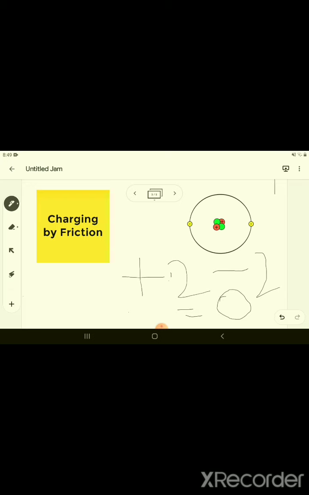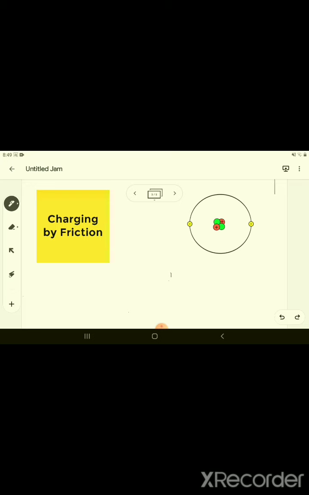You got it. Now, what you should bear in mind is that in an atom, the number of protons is always equal to the number of electrons. Let me say that again. In an atom, the number of protons is always equal to the number of electrons.